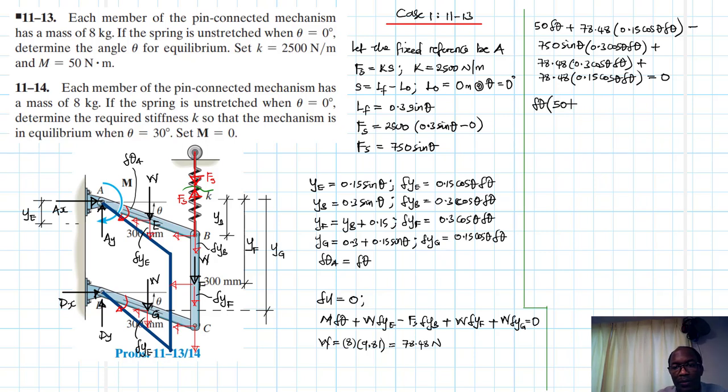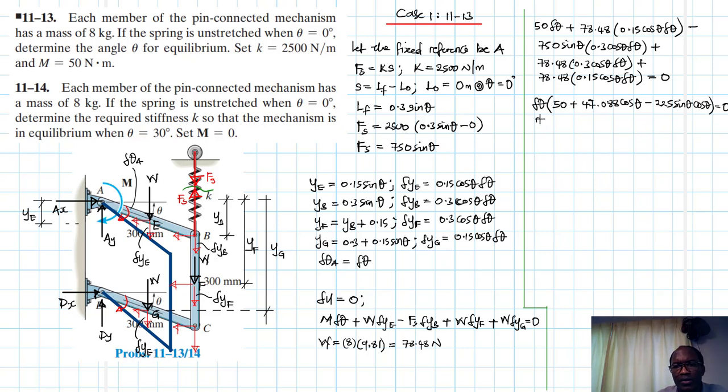So we have a plus 47.088 cos theta. Then we have minus 750 by 0.3, so this just gives us 225 sine theta cos theta equal to 0.